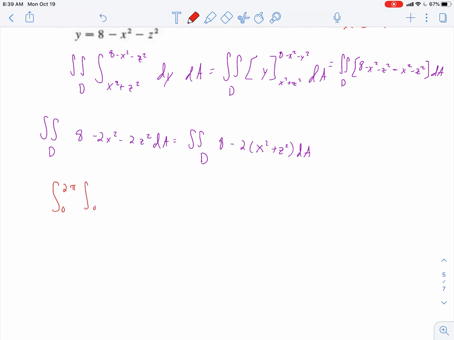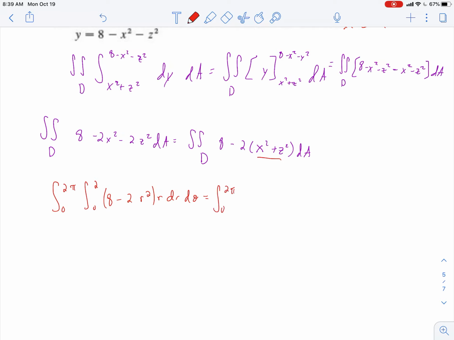So now I'm going to change this to polar coordinates. We're going to go from 0 to 2 pi for theta. The radius of our circle is 2, so r goes from 0 to 2. And we're going to have 8 minus, remember, x squared plus z squared is just r squared, so 8 minus 2r squared, r dr d theta.